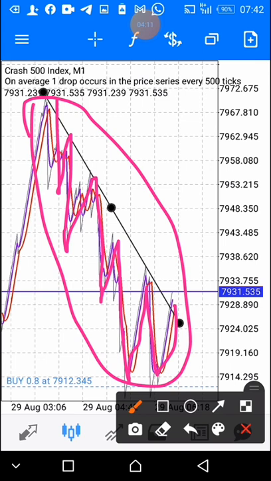You have seen it come like this and go back, it keeps forming lower highs and lower lows, and then you see it make another pullback like this.